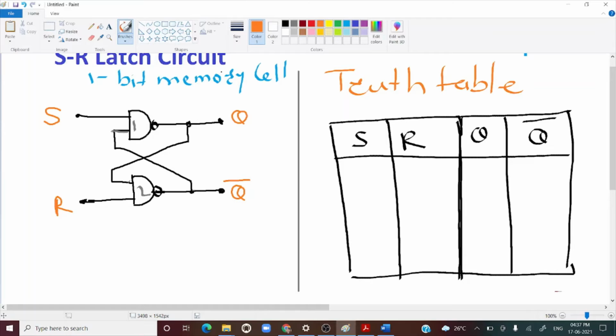I will write the first input combination, that S is 0 and R is 0. And we will apply the same over here. See, the input S is 0 and R is 0.